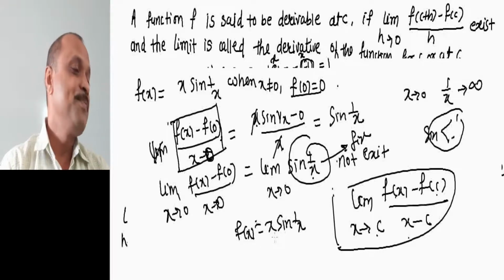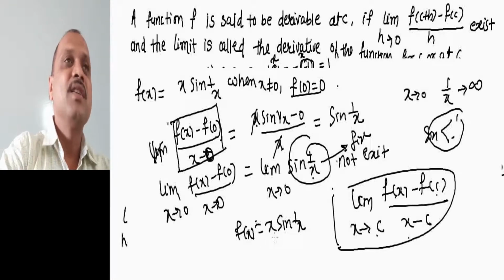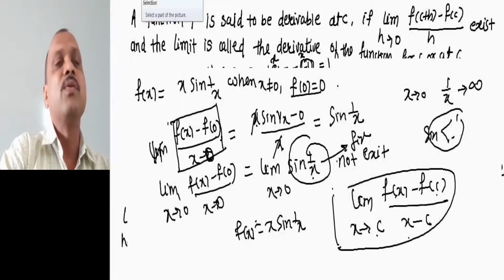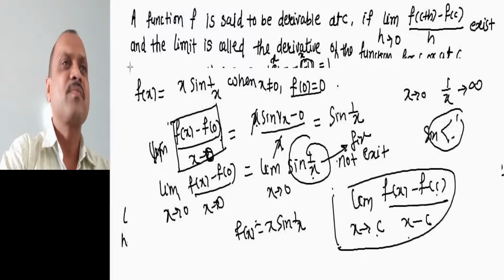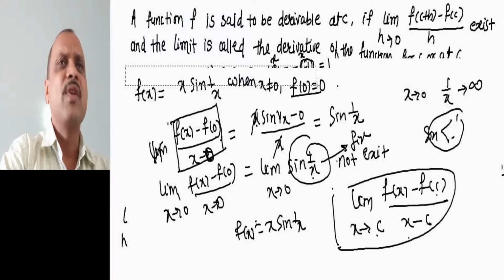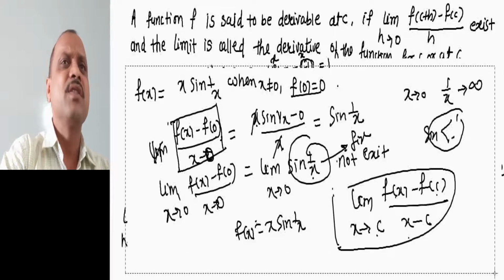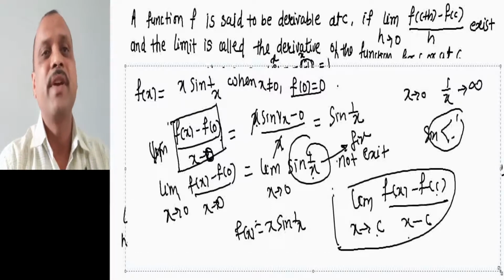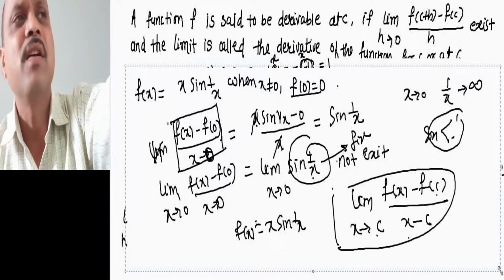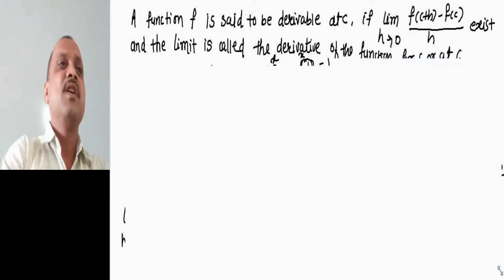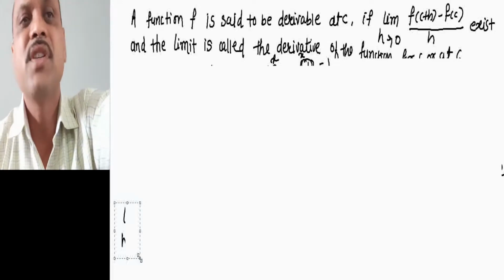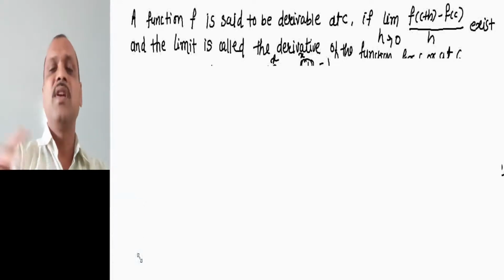Okay. So, let us apply this formula to find the derivative of any function. We have just calculated the derivative of the function f of x equals x square at the point x equal to 1. Let us generalize this concept and find the derivative of the function at a general point x.